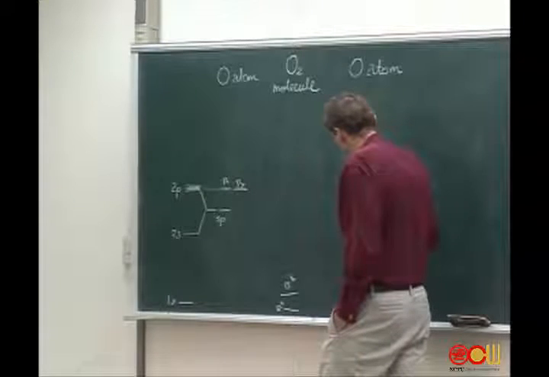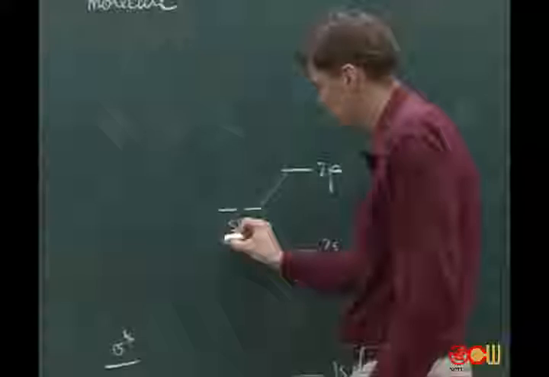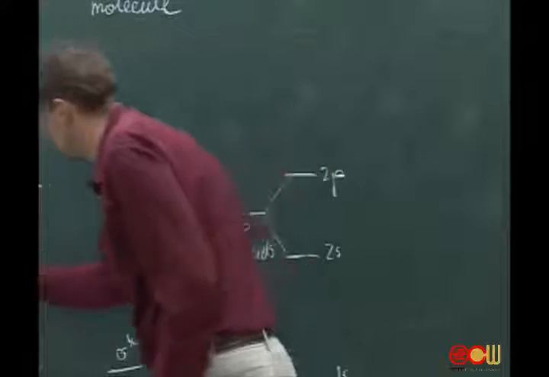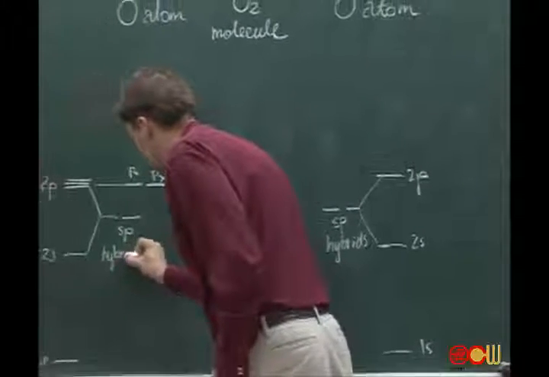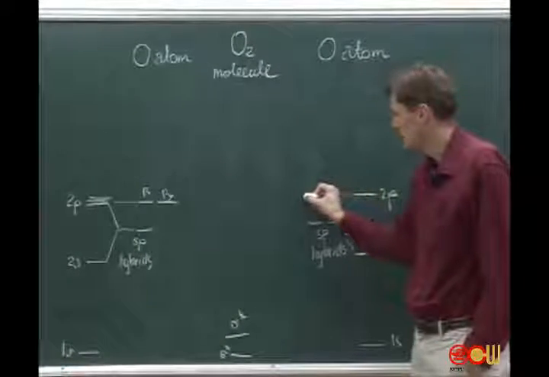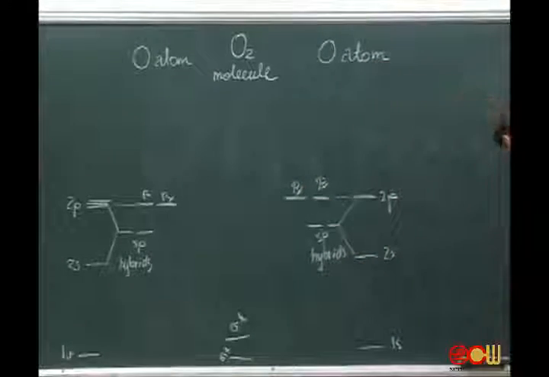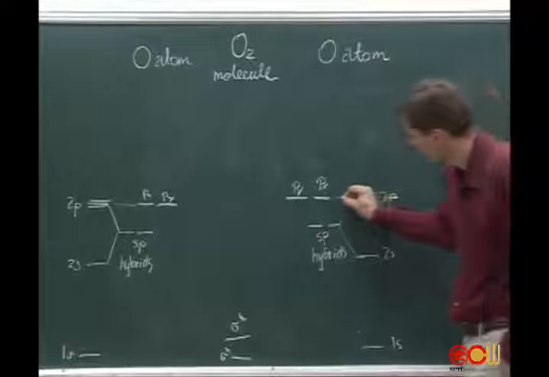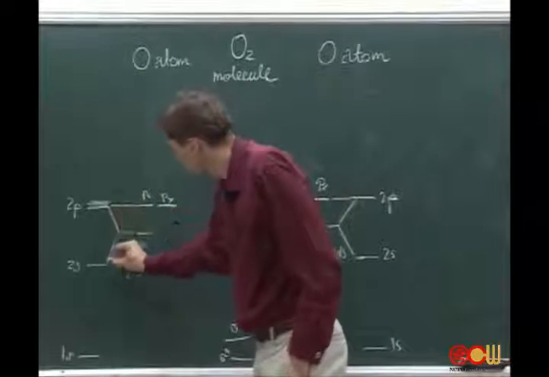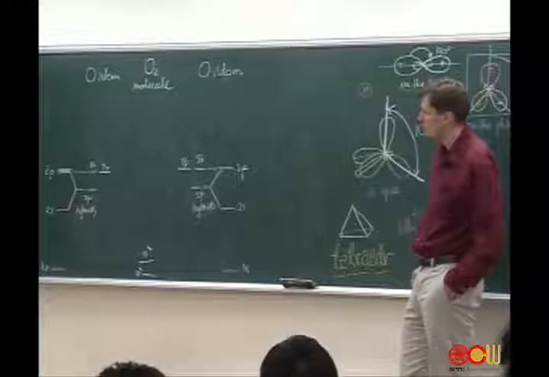One of the s orbitals and one of the p orbitals make 2 sp hybrids, and the other orbitals, px and py, are here. The orange line is just showing what kind of hybridization is happening.